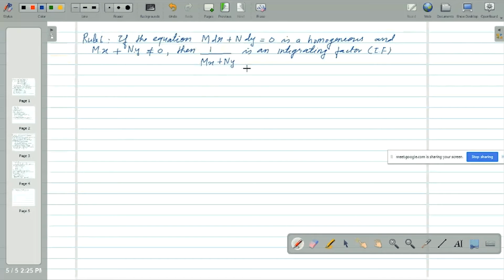If you multiply this integrating factor into the given differential equation, then it becomes exact and you can easily find its solution.